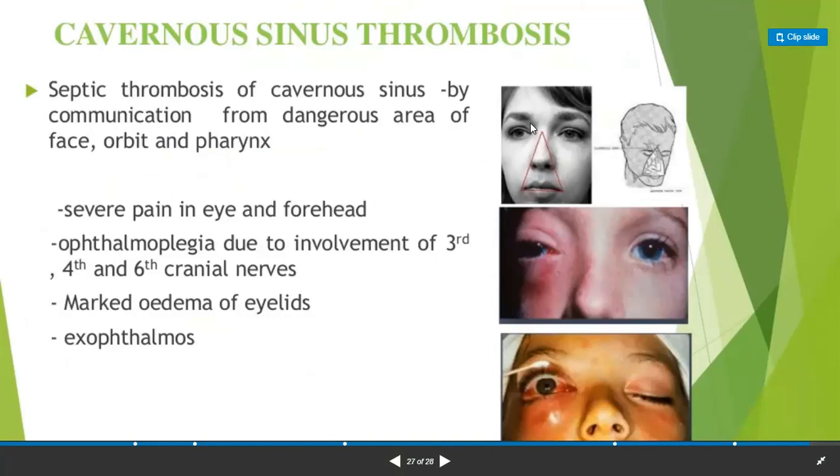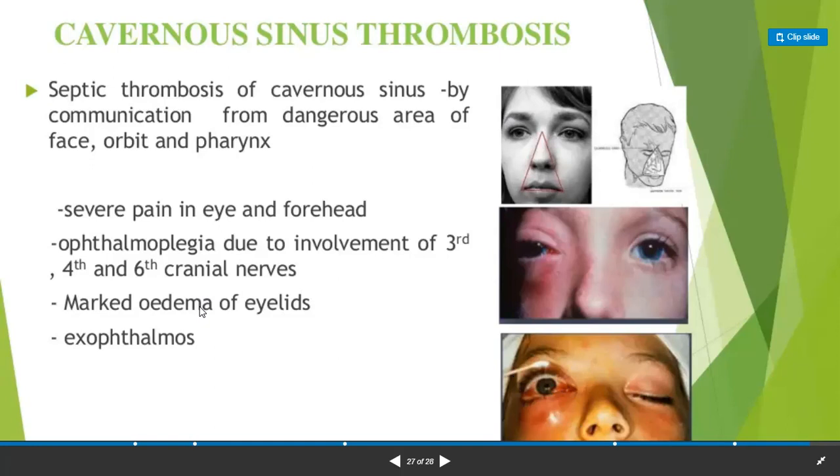There may be ophthalmoplegia, that means paralysis of extraocular muscles due to the involvement of the third, fourth and sixth cranial nerves. These nerves are related laterally to the cavernous sinus. There may be marked edema of the eyelids, and the eyeball may be protruded outside, which is called exophthalmos.